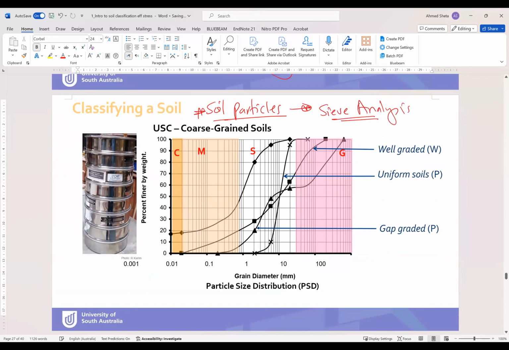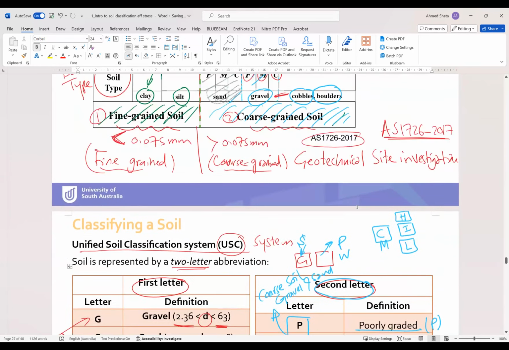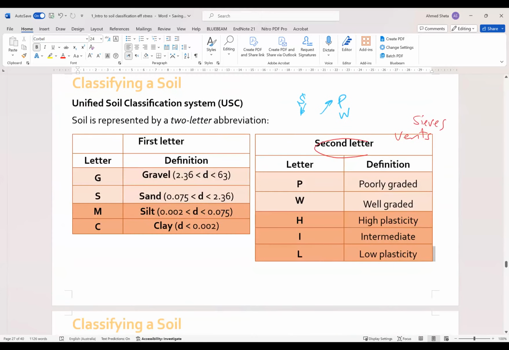Sieve analysis means that we have some sieves with different sizes. For example, if you look at the table here, these are the standard sizes of sieve vents, so we will use these sizes in the lab.